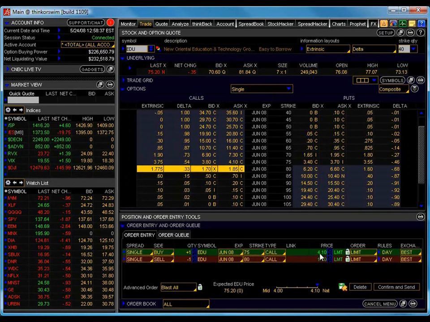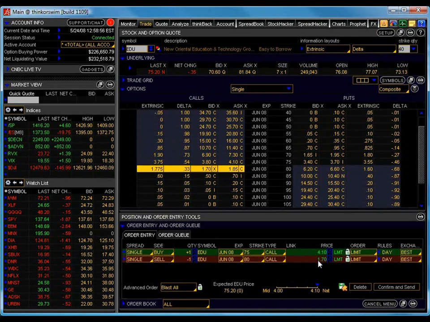Now, if we were to take the $4.10 and subtract the $1.70, because we're selling that one, we're actually receiving a credit of $1.70. We're paying $4.10 for the call option, but we get a credit of $1.70.